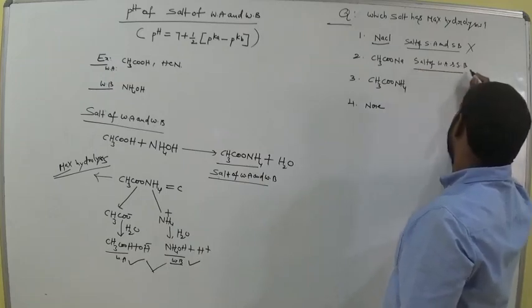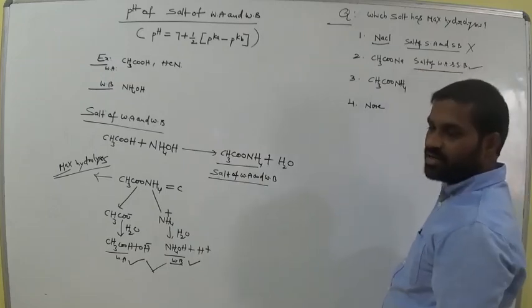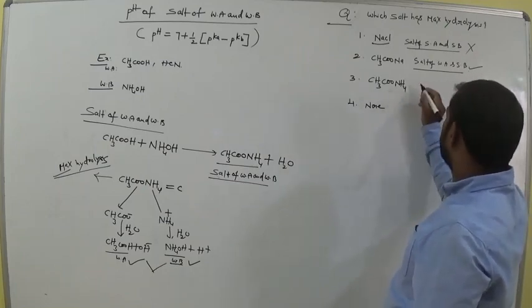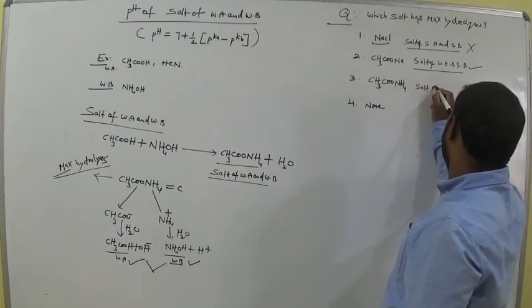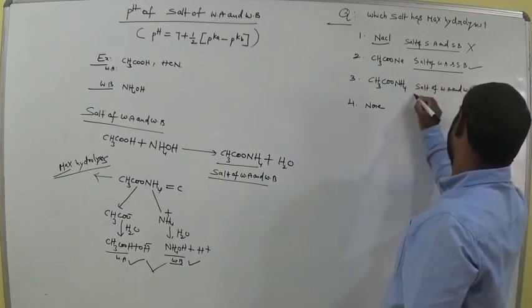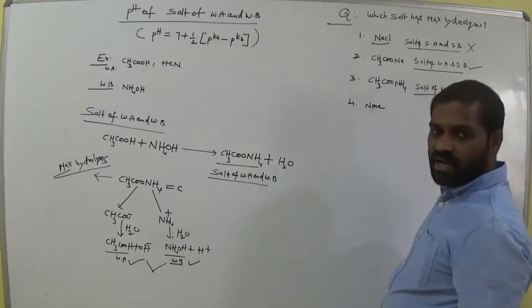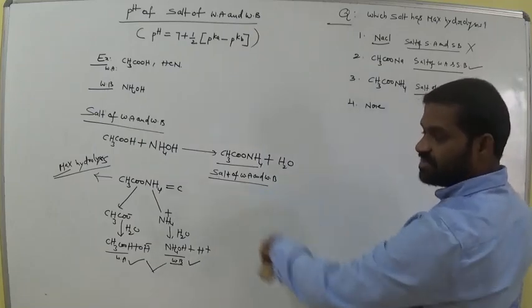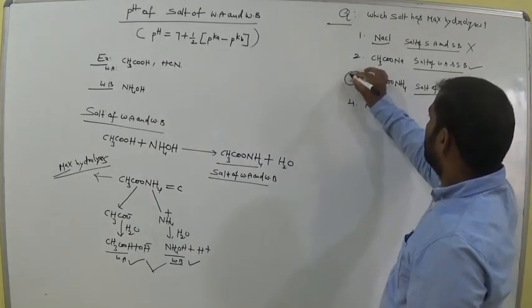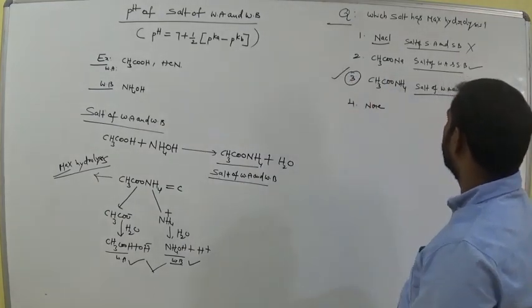It undergoes hydrolysis where the strong base dominates. Here it is the salt of weak acid and weak base. Both are weak, so it is well hydrolyzed. That is the concept, so this is the answer. Maximum hydrolysis takes place in this compound.